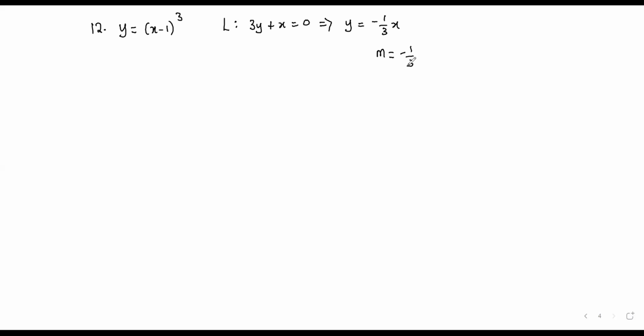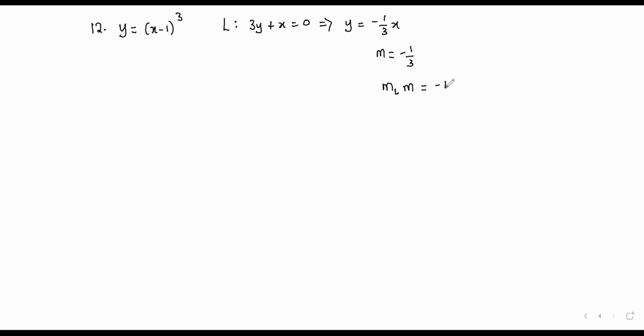For a line perpendicular to that, remember it says we want to find lines tangent to y, perpendicular to the line. So their gradients should have the relationship. Let's call this mL, and the relationship should be minus 1.